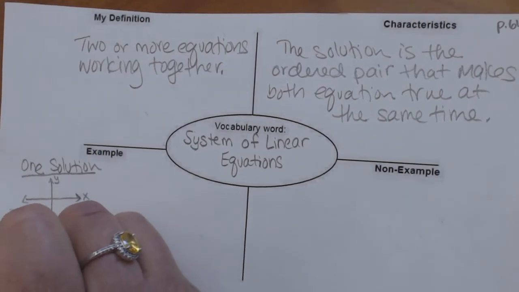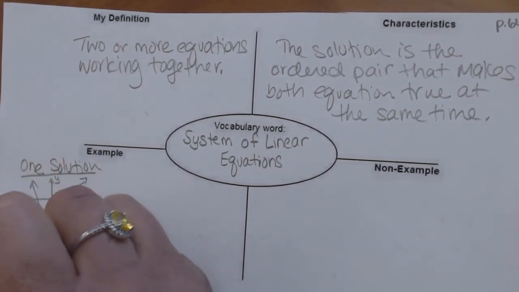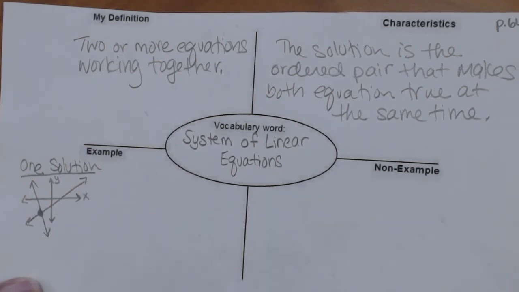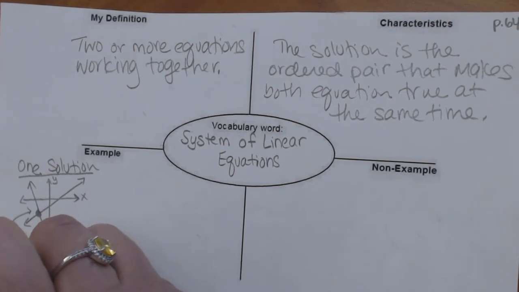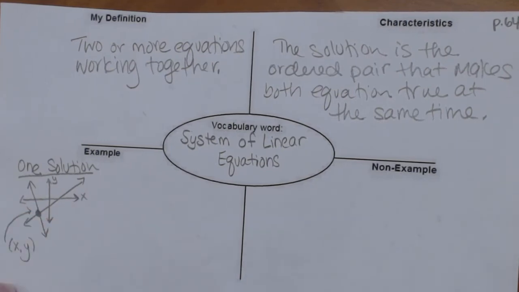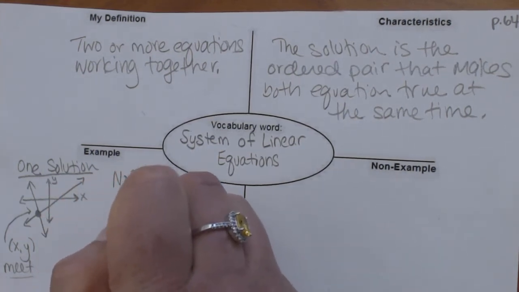I'm going to draw a little picture of two lines, and demonstrate that they intersect, they meet, they cross right here. So here is their point where they meet. Their point is an xy coordinate, and that's where they meet, at that xy coordinate.